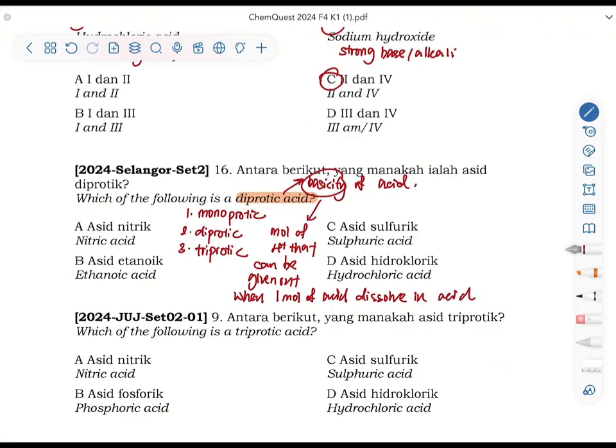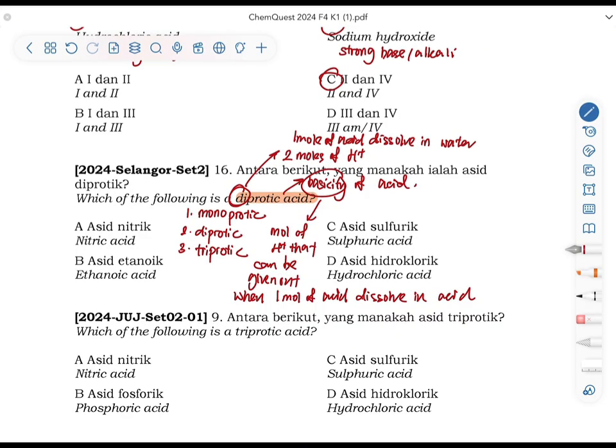So for diprotic acid, this is di. Di means 2, meaning that it can produce 2 moles of hydrogen ion when 1 mole of the acid dissolves in water. Let's look at the options one by one.